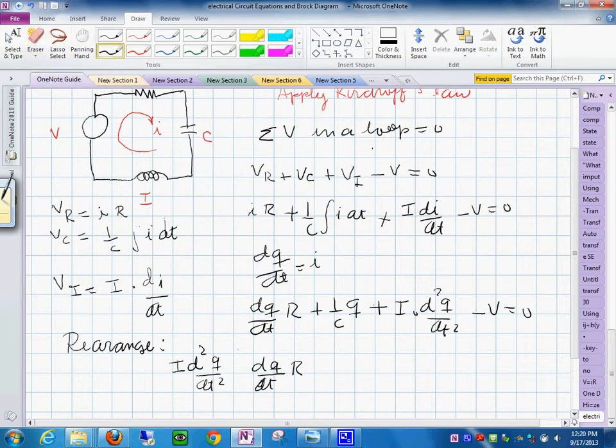So there was something funny about what I was doing here. Equal to minus, and then minus 1 over C times Q, and then plus V, like that.